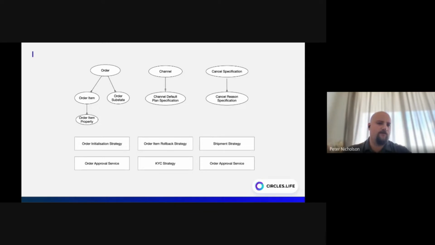Those are aggregate boundaries. And within that aggregate boundary is our aggregate, the order aggregate. And that aggregate is concerned with its internal state and has all the business logic related to that state. So the order itself is the aggregate root because that is the root object of that aggregate.